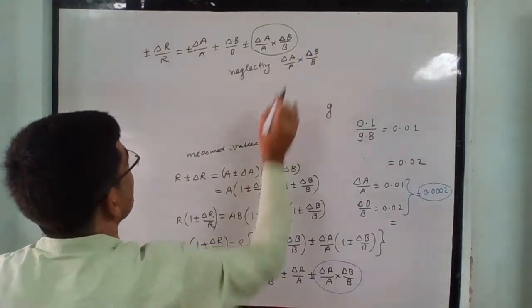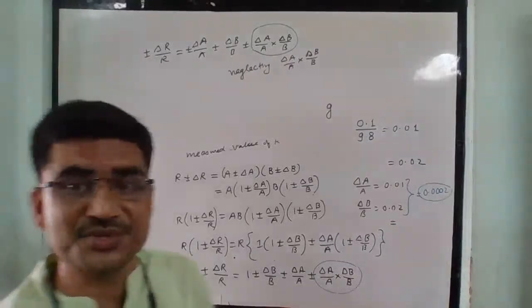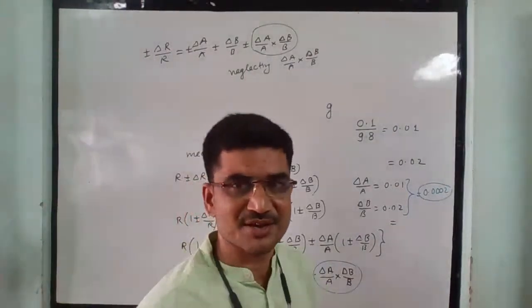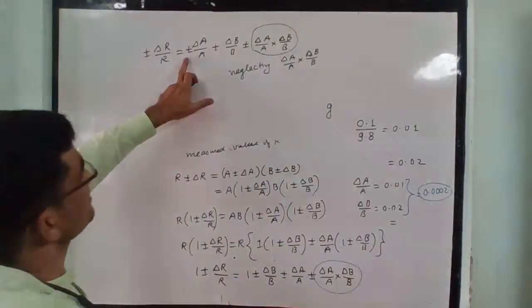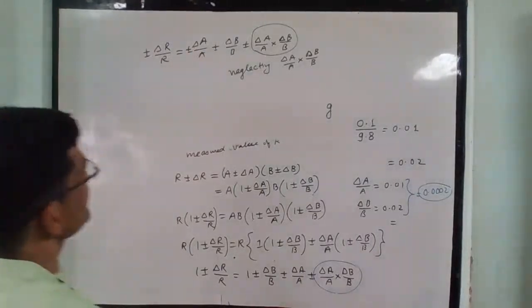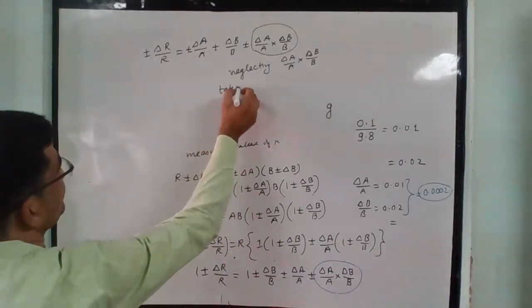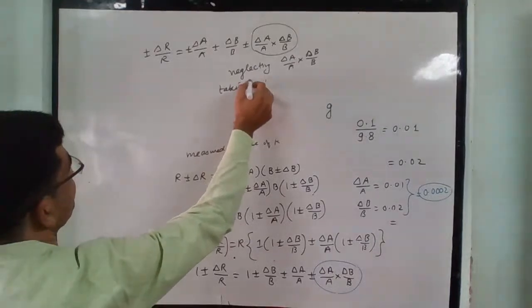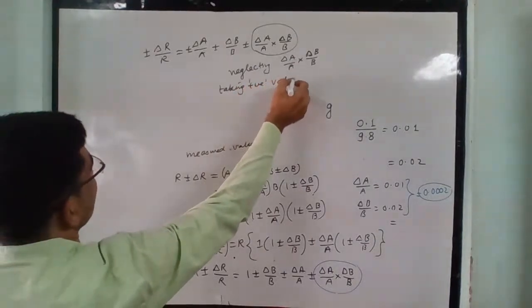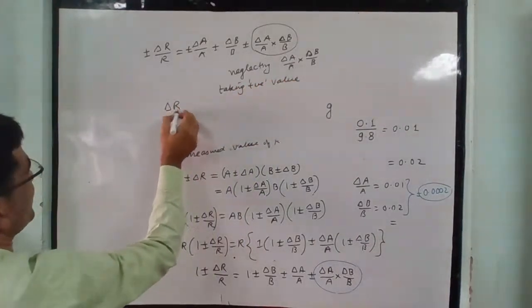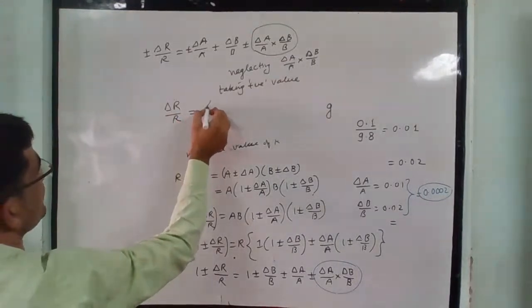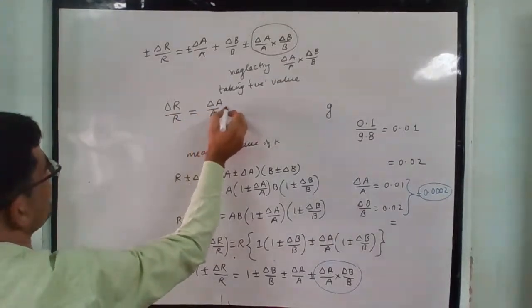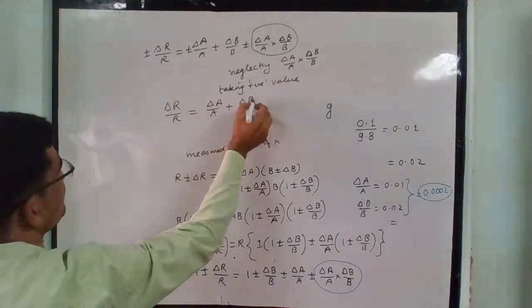Also, once again, we always take the positive value, taking plus. So we have delta R by R is equal to delta A by A plus delta B by B.